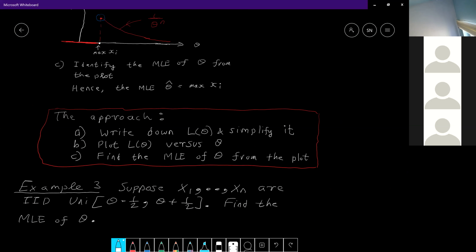Here we have a random sample from a uniform distribution. Once again, the lower bound and the upper bound depend on a parameter. The lower bound is theta minus a half, the upper bound is theta plus a half. Both of them depend on the parameter.